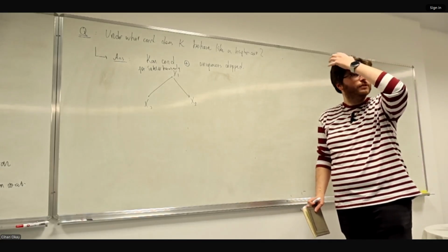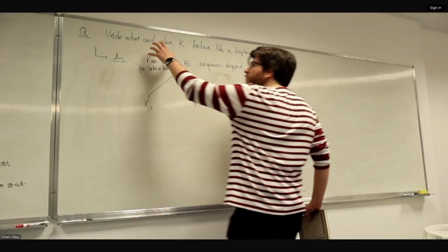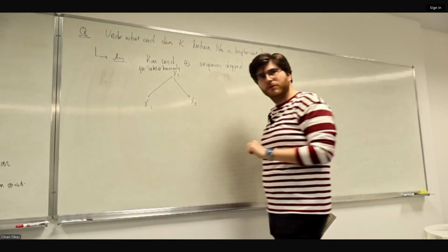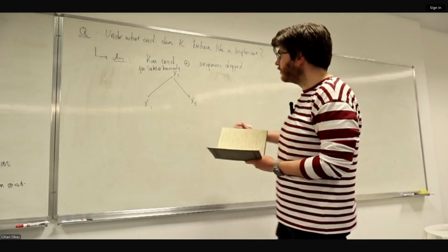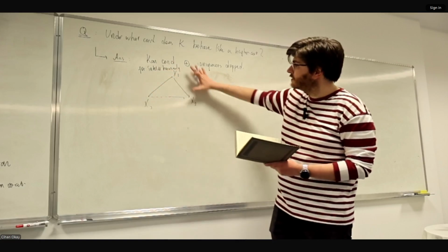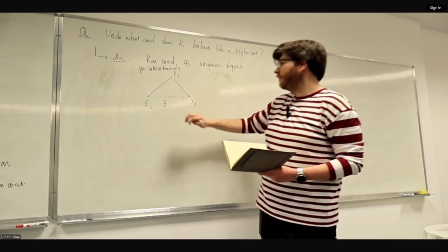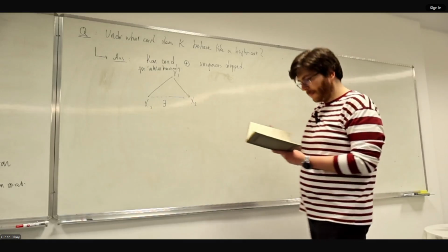Okay, the new version without uniqueness, and we just require this condition to be satisfied only for interior horns. This is called the weak Kan condition. Okay, and therefore we are only interested in the extension property of pictures like this, and we just want the existence of such a map.